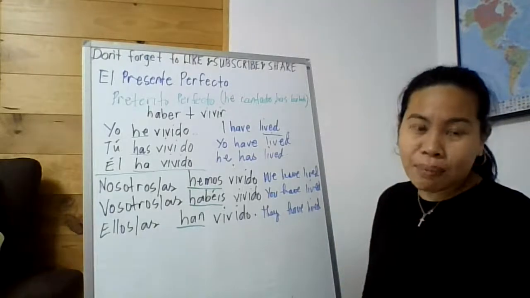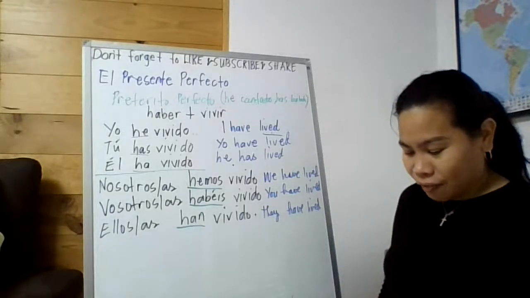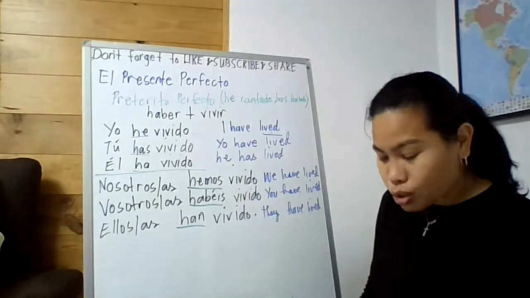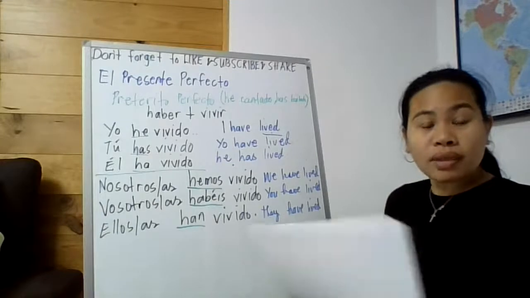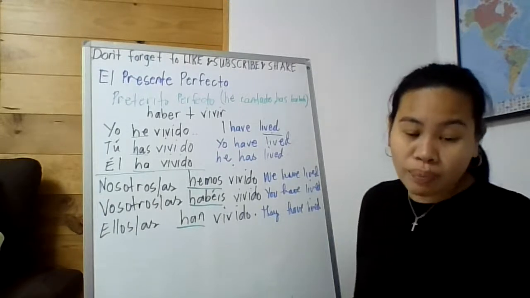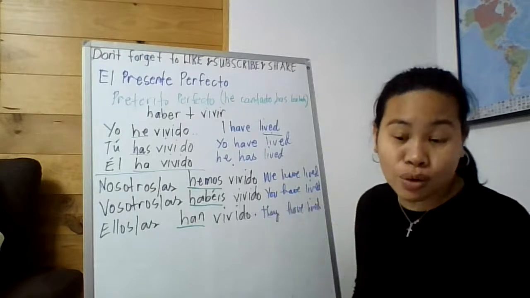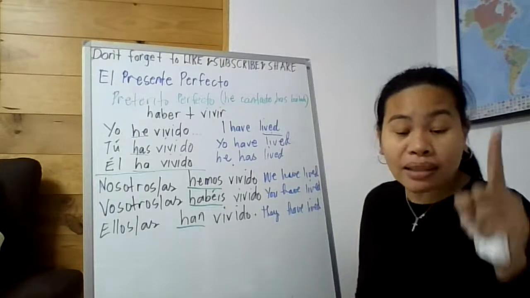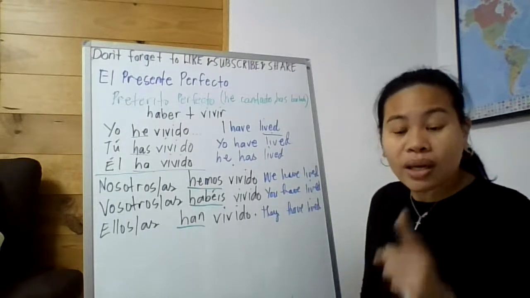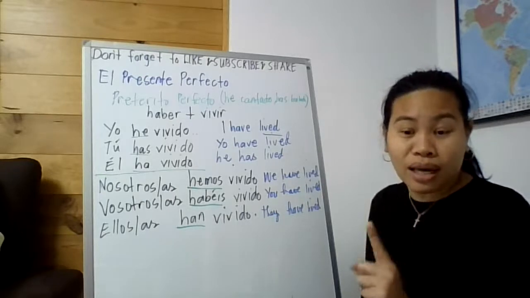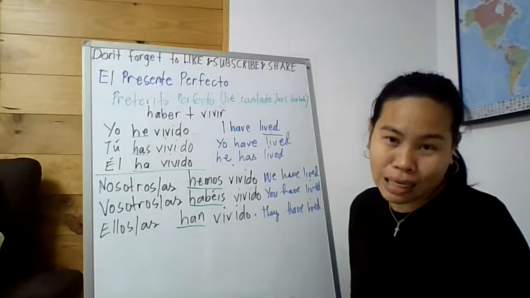Cuando utilizamos el presente perfecto, estamos hablando de un tiempo verbal que se utiliza para expresar acciones que acaban de suceder en el pasado que guardan alguna relación con el presente.